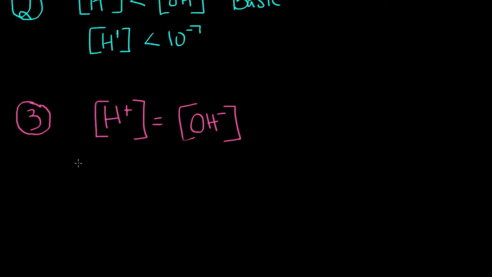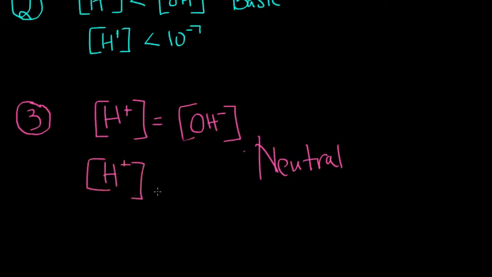Therefore, the solution is neither acidic nor basic, and the amount of H plus exactly cancels out the amount of OH minus, and therefore we call the solution neutral. Or we can quantitatively say that when the H plus concentration is equal to 10 to the negative 7.